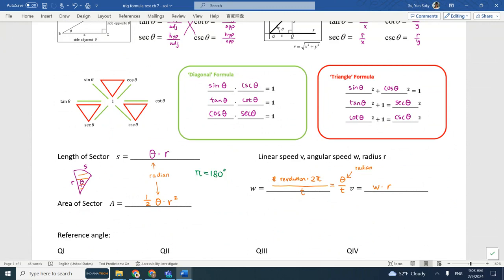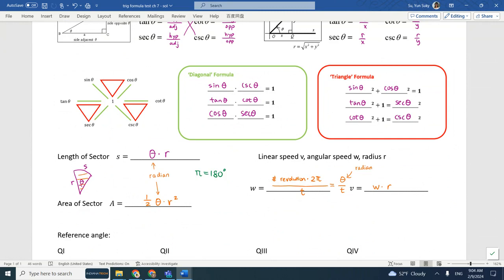So actually, if you see real life problems, in all of these computations the theta, the angle, must be in radian. And last time we talked about the angular speed. It's actually theta over t, but if the problem gives you something like 6 revolutions per minute, then you know 1 revolution is 2 pi, so you compute the angle in radian.